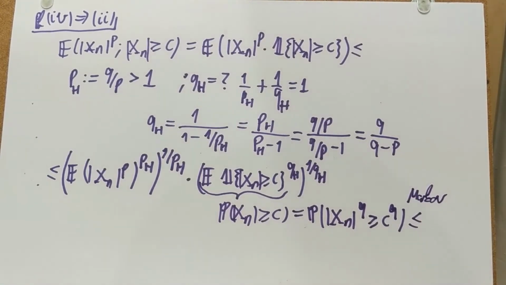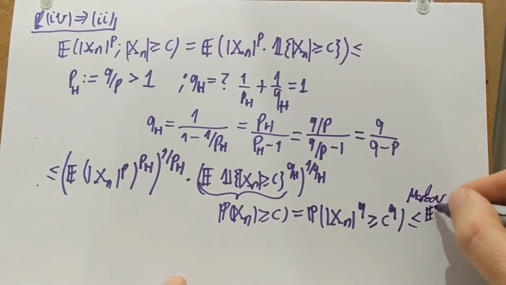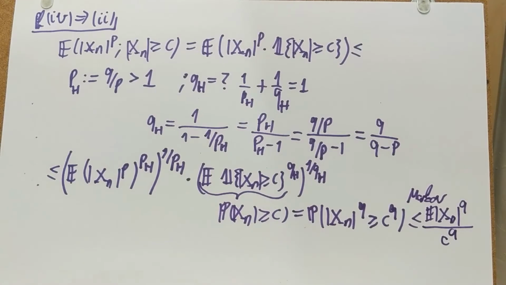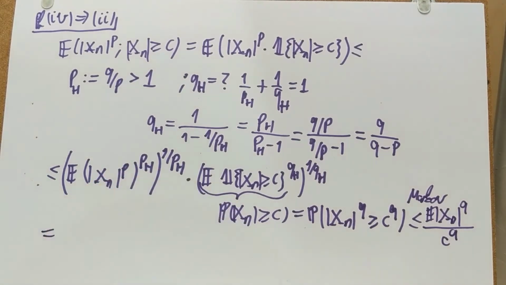A simple Markov inequality on that reveals that I have expectation of xn to the q divided by c to the q. Okay, so it's a Markov inequality combined with this q power that I'm going to apply on here. Now all I need to do is plug in what p holder is and q holder is.